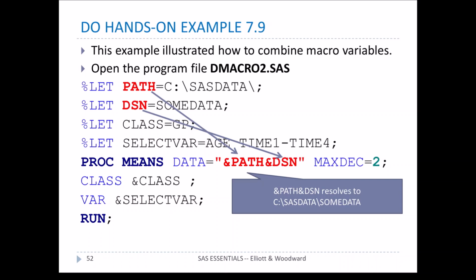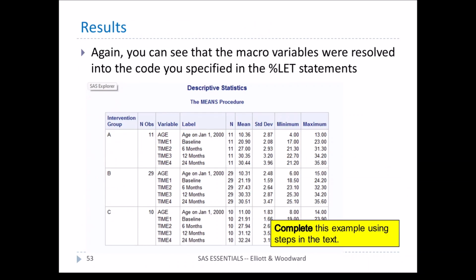So we have now created this proc means, and when we run this, all of these macro variables will be resolved into the text that we have defined above in the %let statements. When we run that program, we see that everything was resolved, and we have the variables listed, age, time 1 through time 4, just as we had set in the %let statements.